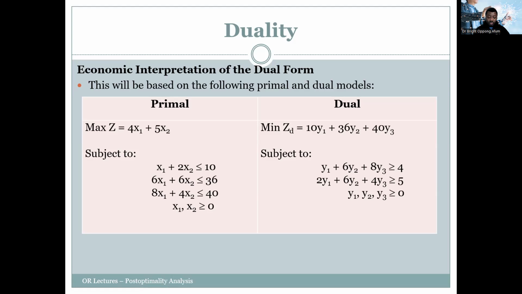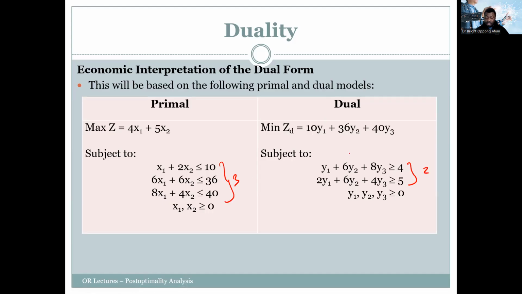So in the dual form, the primal max z becomes a min zd, right? It actually works in the form where, when the constraints are 3 here, this now becomes 2, right?